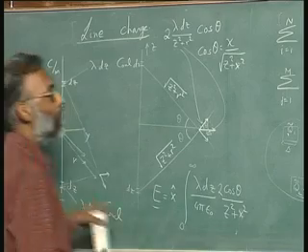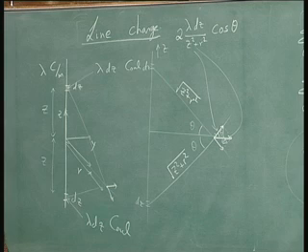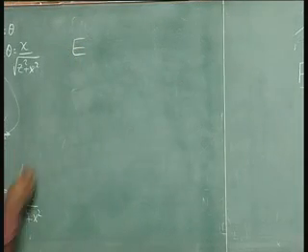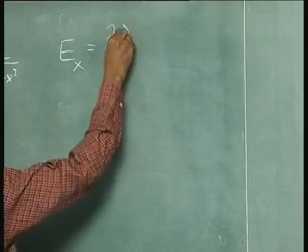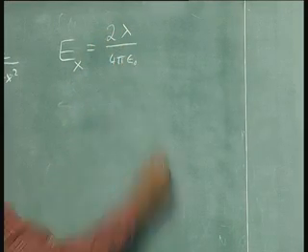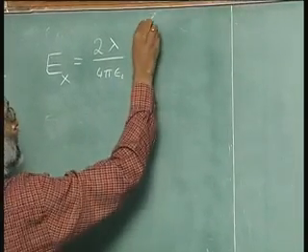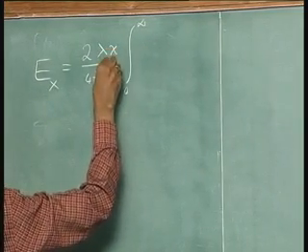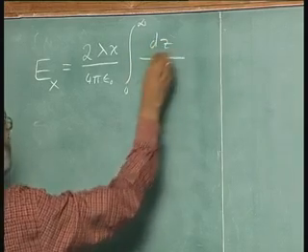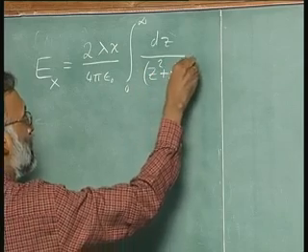So, if I write that out, I get the electric field. The electric field is along x, so I will just write it as a scalar. Ex is equal to, I will pull out all the common constants, 2 lambda over 4 pi epsilon naught times the integral from 0 to infinity, there is an x that comes out also, dz over z squared plus x squared to the power of 3/2.